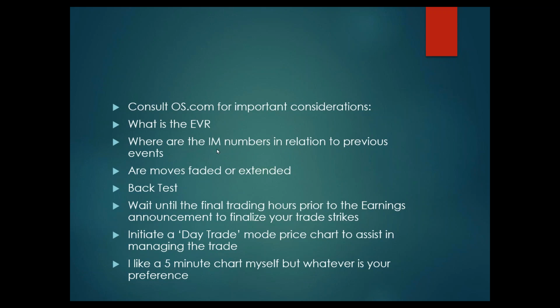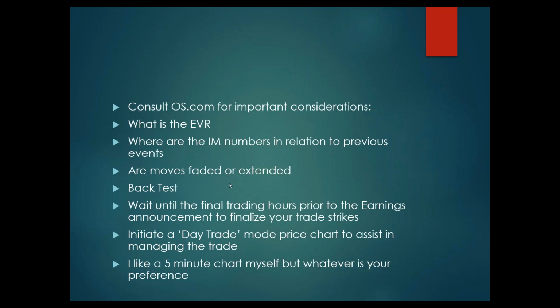Implied move numbers have a direct relationship to implied volatility as we're approaching an earnings event. The higher the implied volatility, the higher the implied move is going to be. Implied move is calculated based on the at-the-money straddle price.